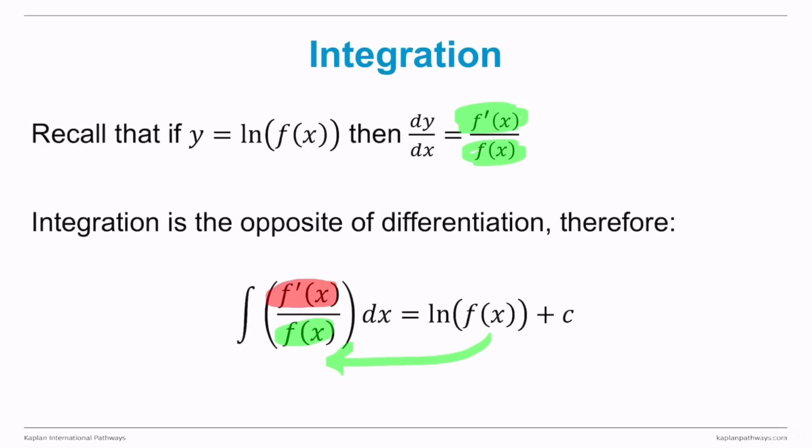Remember again, if we have the integration of a function at the denominator, the bottom, and the derivative of this function at the top, then the integration is going to be ln f of x plus c, if there is no limit in the integration, of course.